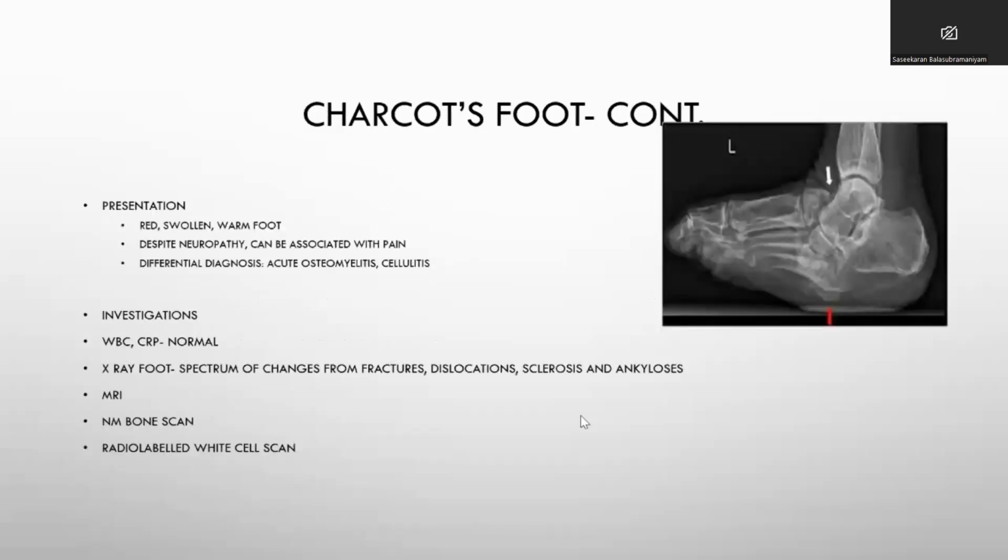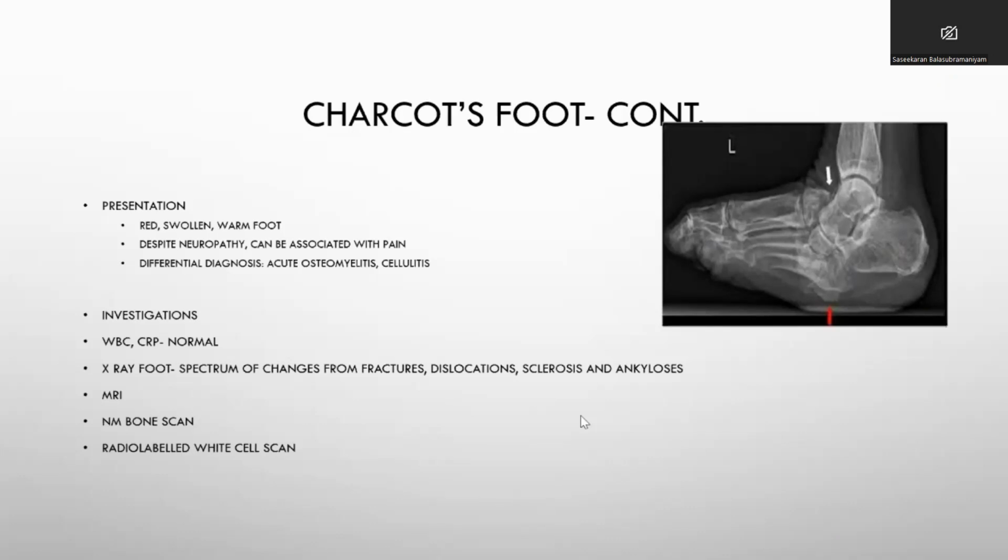So here, if you see, a patient might come to you with a red hot foot, typical of osteomyelitis, cellulitis, but usually their white cell count and CRP are normal. So if you see this kind of patient, yes, you can argue that sometimes in diabetic patients the CRP and white cells might be normal. But these patients' foot is not in normal shape.